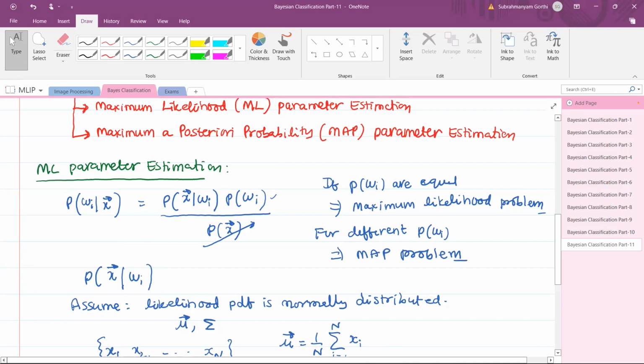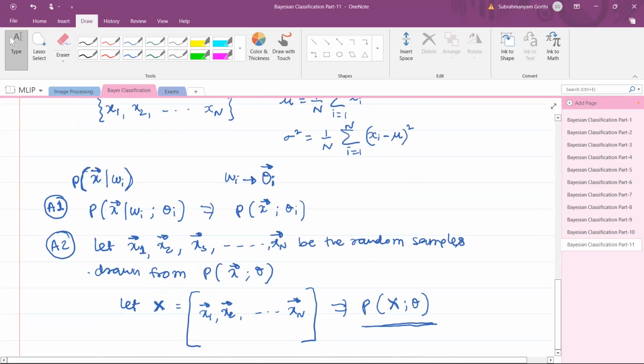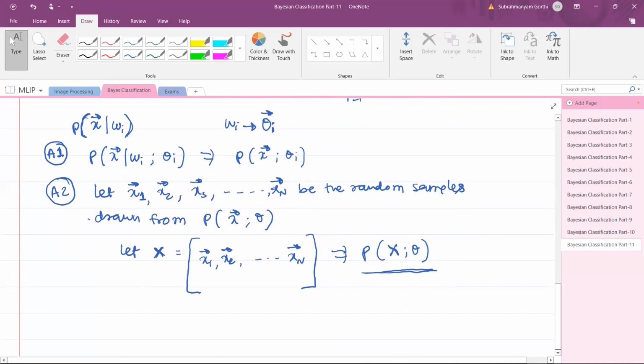If you are assigning to the classes, it implicitly assumes that the prior probabilities are the same. You could consider that as one of the assumptions here.